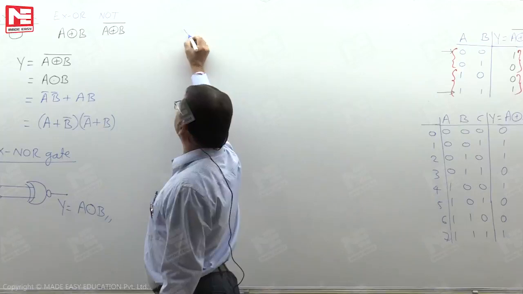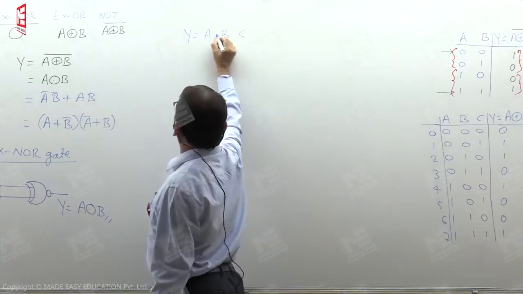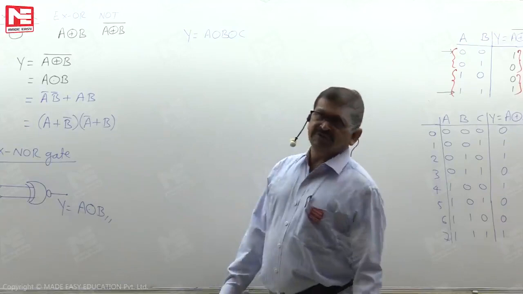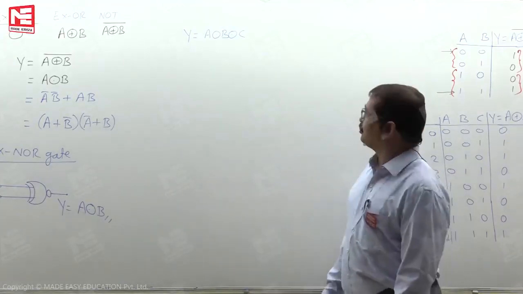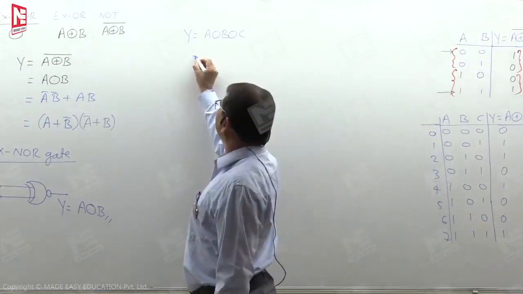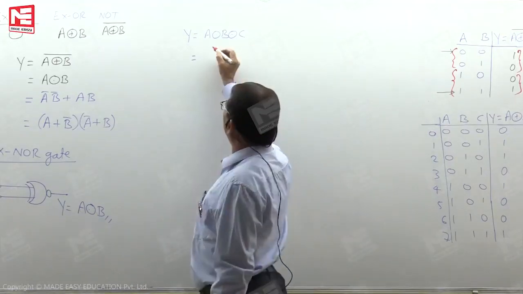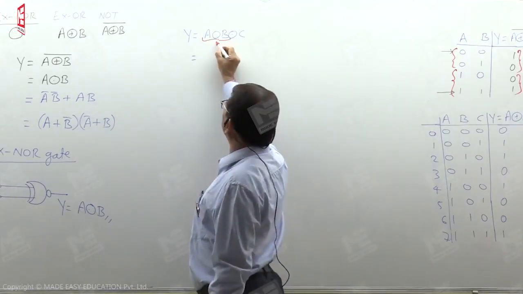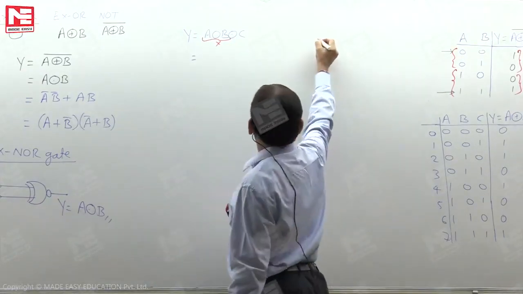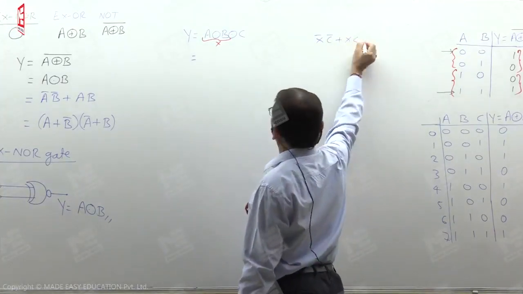Suppose we have the exclusive NOR operation on these variables. To evaluate this, let us consider these together: x is c, so we have x complement and c complement with xc.